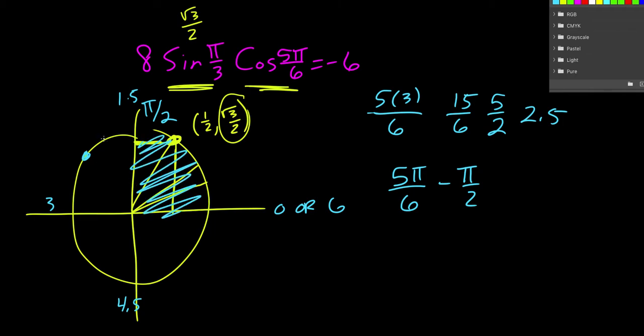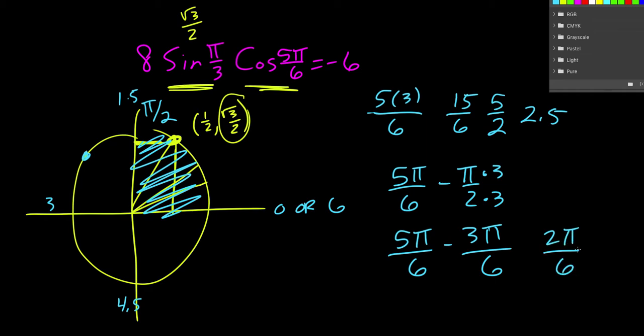Then we figure out whether we're at our first, second, or third tick mark. To do that, we need common denominators. We get 5 pi over 6 minus 3 pi over 6, and that becomes 2 pi over 6, or pi thirds.